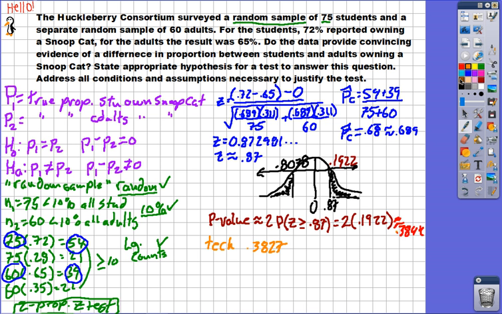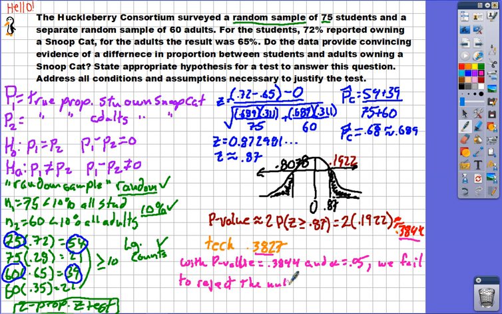Either way, the point of the matter is this. When we get down to it, with a p-value equal to either of these, we'll go with the 0.3844, and an alpha level of 0.05, which is our normal if we don't have a reason to do something different, we fail to reject the null.